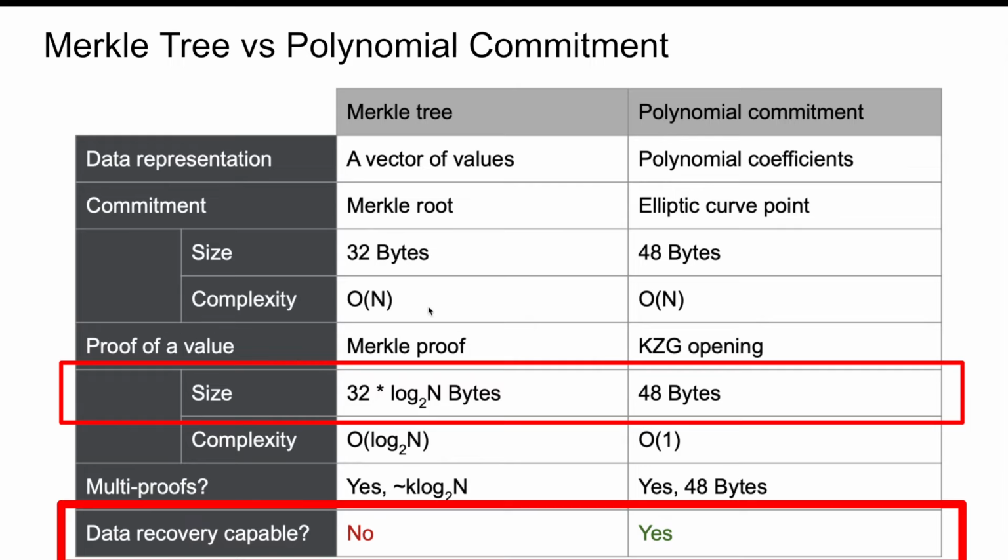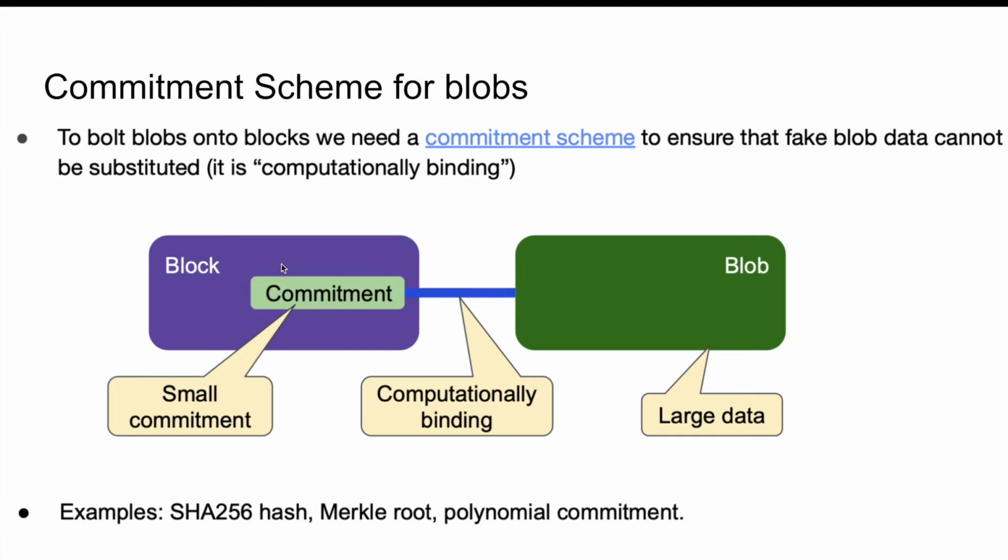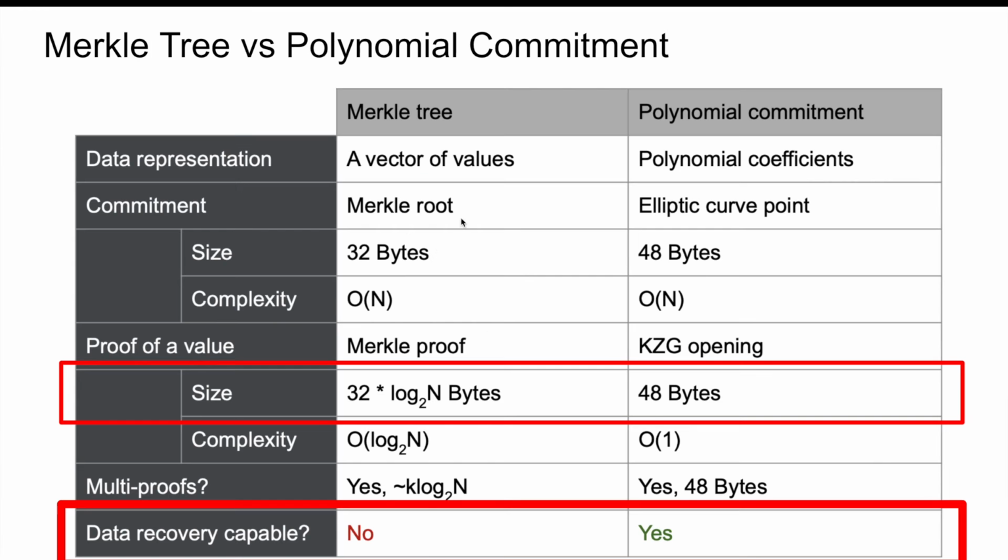Okay, so here is a slide which explains Merkle tree versus polynomial commitment. What are the differences, or the similarities? When it comes to how the data is represented, in a Merkle tree it is a vector of values, whereas in a polynomial commitment it is a polynomial, a set of polynomial coefficients. The commitment itself is called a Merkle root in a Merkle tree, and it is of size 32 bytes, whereas in a polynomial commitment it is 48 bytes.